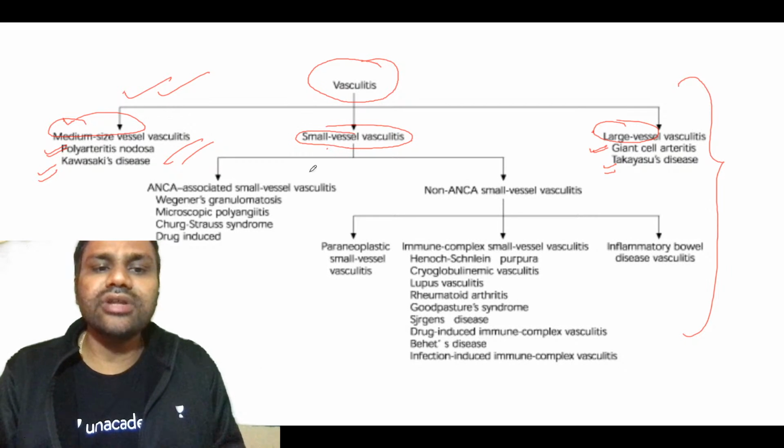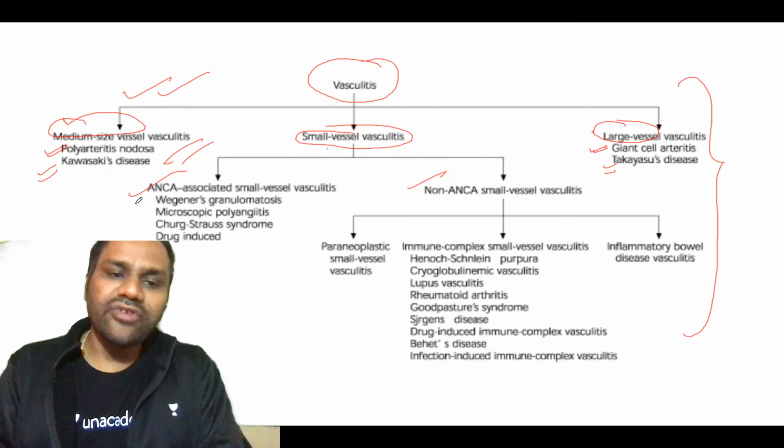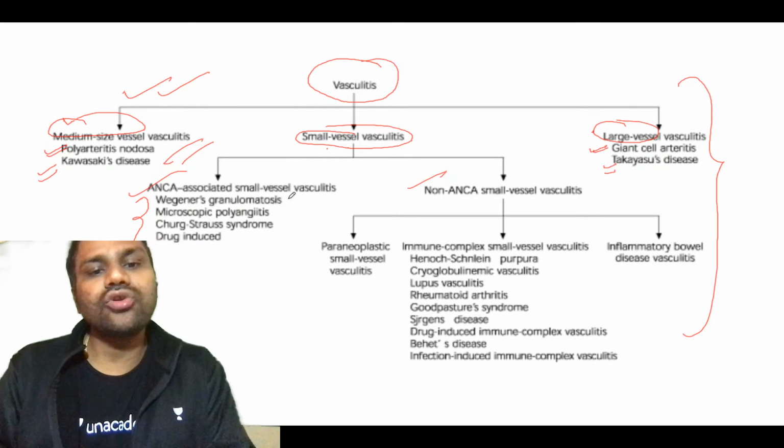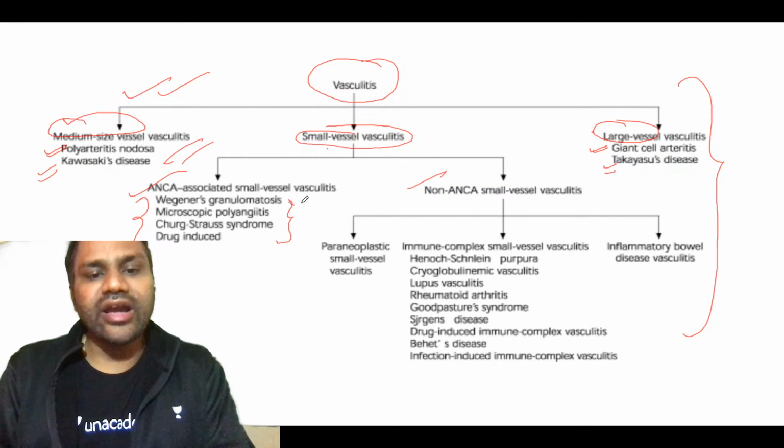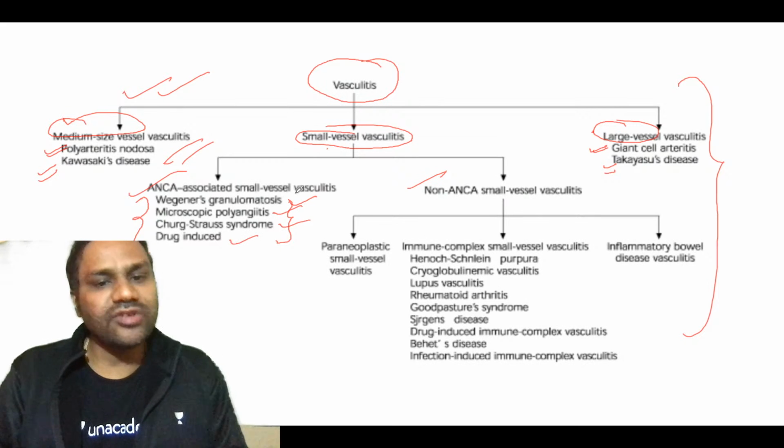Small vessel vasculitis are basically ANCA positive and non-ANCA positive. What we are dealing with here is ANCA associated glomerulonephritis, that is Wegener's granulomatosis, microscopic polyangiitis, Churg-Strauss syndrome, and drug induced. These are the 4 important ANCA associated small vessel vasculitis.